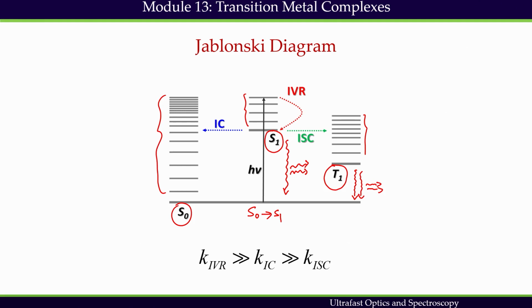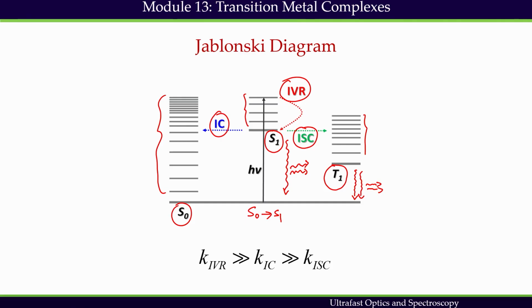On the other hand, there are three important non-radiative processes shown here: IVR, IC, and ISC. The excited molecule may relax via vibrational relaxation, mediated by solvent deactivation and molecular collision, to a minimum on the excited singlet potential energy surface.